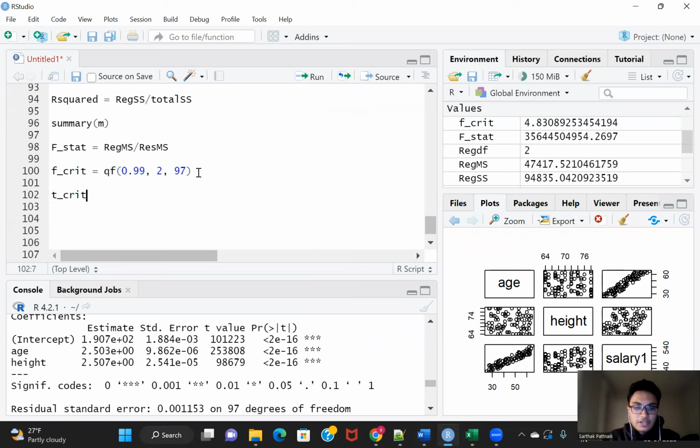So if I have to calculate T critical, I'll calculate it using qt. The degrees of freedom will be n minus k minus 1, that is 97.